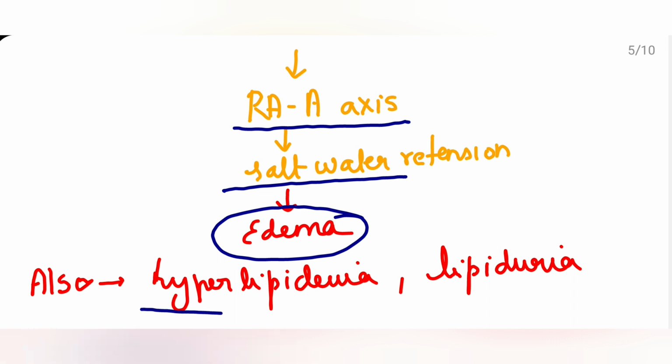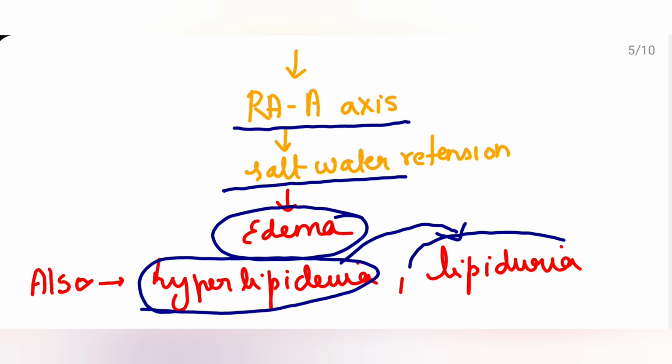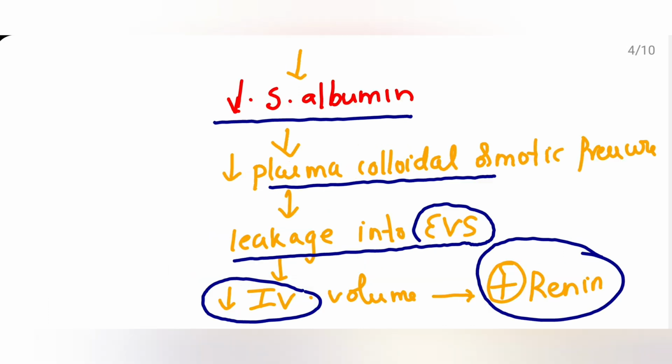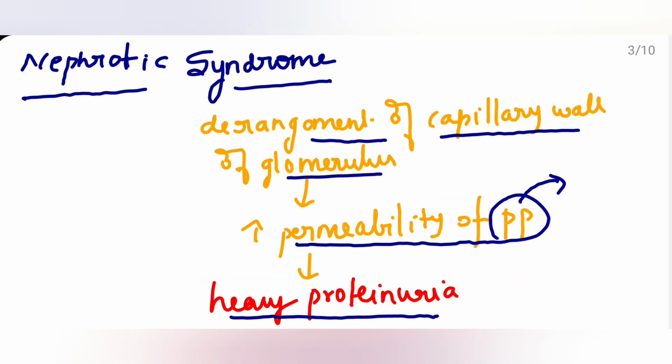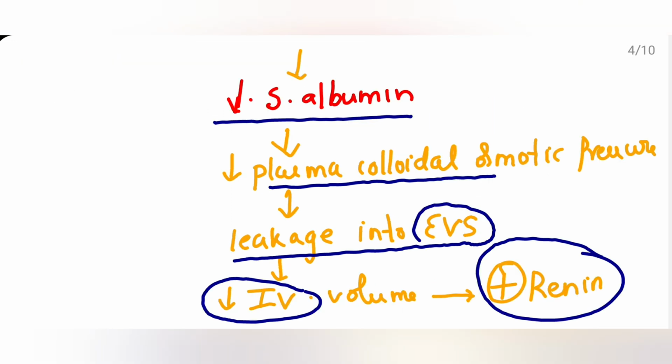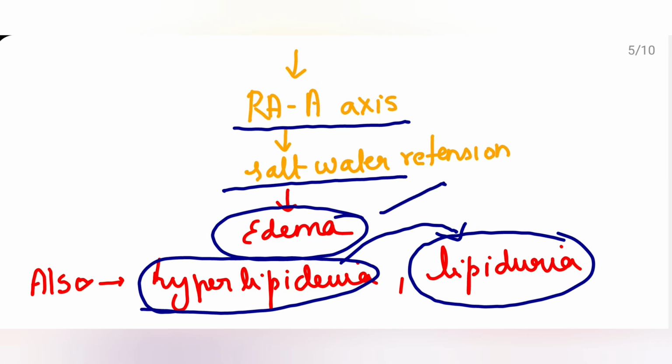So there is increased synthesis of lipoprotein, and there is hyperlipidemia. Also this is lost in the urine, so lipiduria is also seen. So we have nephrotic range proteinuria, decreased serum albumin, edema, hyperlipidemia, and lipiduria. These are the features you see in nephrotic syndrome.